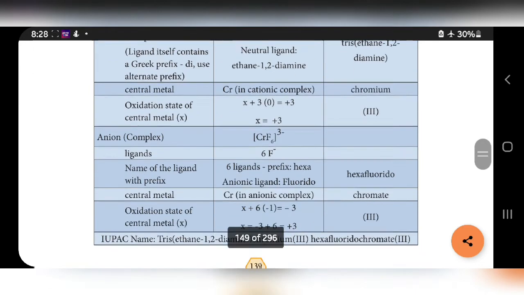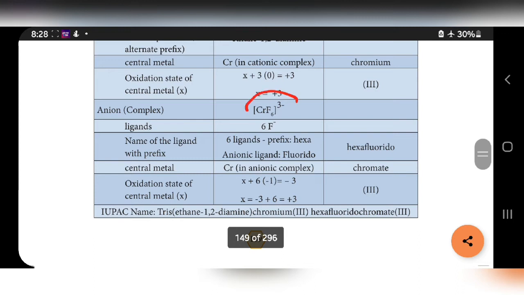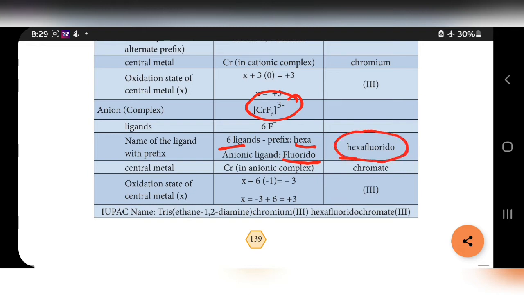That is what is given here for the anionic complex, CrF6 3 minus. Here also there are 6 ligands, 6 fluorine ligands. So 6 means hexa, F minus is a negative ligand, so fluorido. That means the name should end with o, fluorido. So it is called hexafluorido.